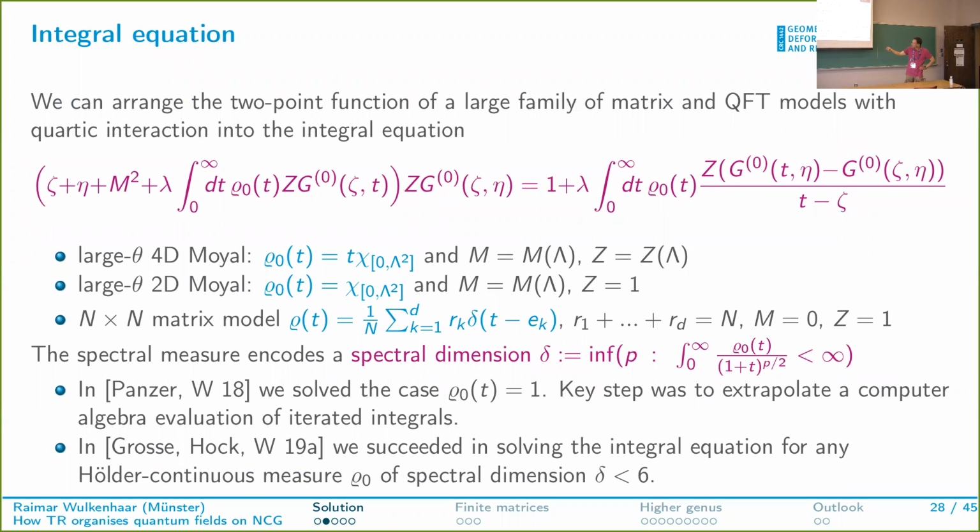In 2 dimensions, we have no t: there are no multiplicities of the spectral values, just the characteristic function, and then we can put z equal to 1. Or we can also do finite matrices, where n is the size of the n times n matrices. This model can also be put in the integral formulation with a sum of Dirac terms in the measure. So all this can be formulated in the integral equation.